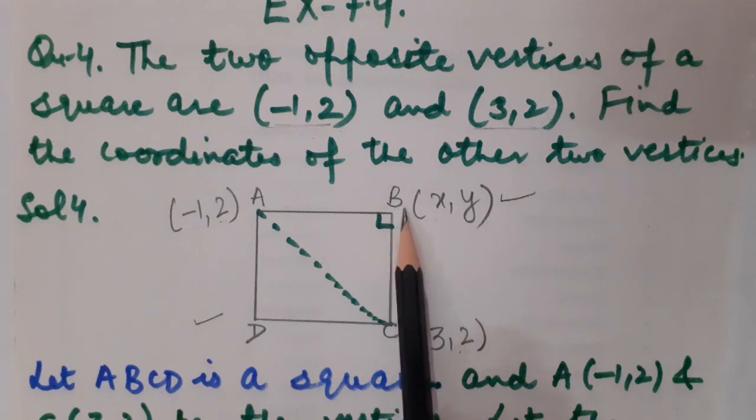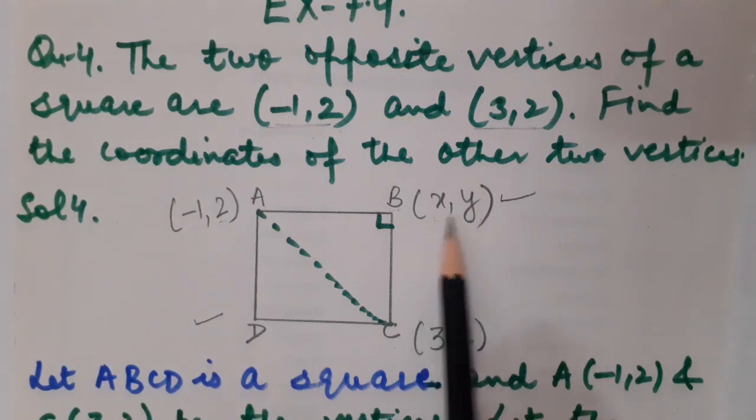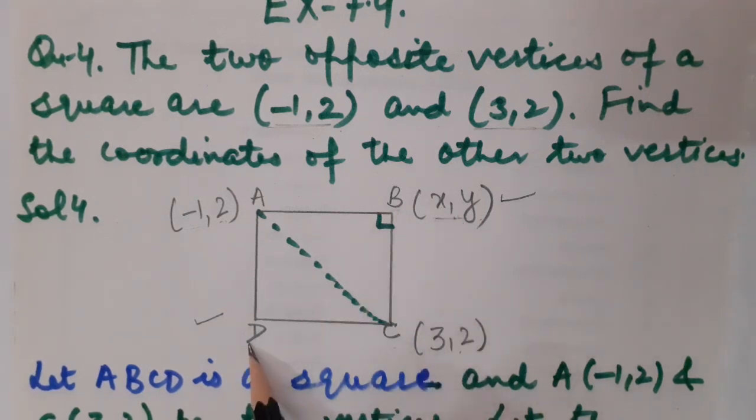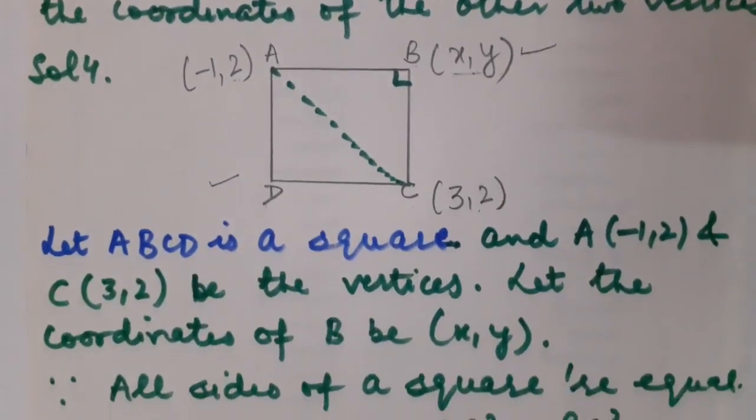Here I am going to assume the coordinates of vertex B are (x, y), which I have to calculate. On the basis of calculating the coordinates of B, I will be calculating the coordinates of D as well. So let us start its solution.